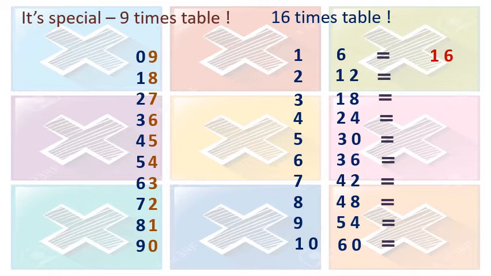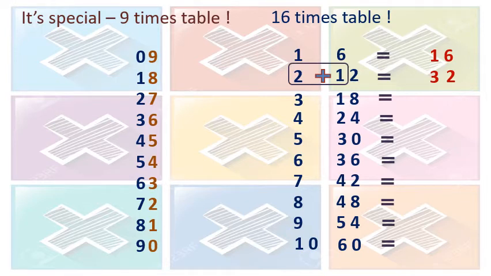See in the second line that is 2 is there and 12 is there, correct? So this unit place 2 we will write here. Then we are going to add these 2 numbers, that is 2 and 1. The answer is 3. That 3 we will write here. Got this? Means 16 ones are 16, 16 twos are 32.